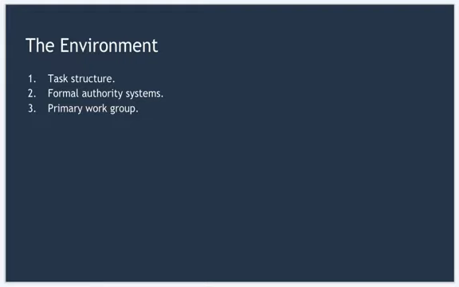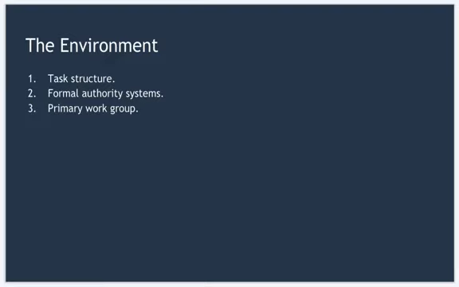So task structure refers to how structured tasks are. If tasks are highly structured, then leaders should avoid a directive leadership style. And conversely, unstructured tasks may create the need for a more directive leadership style. Next, we have formal authority systems, and these refer to the policies, the controls, and the rules of the organization.